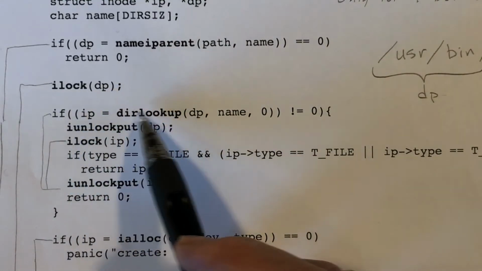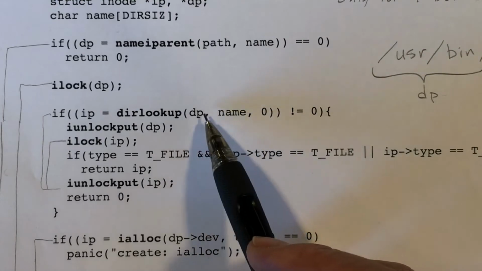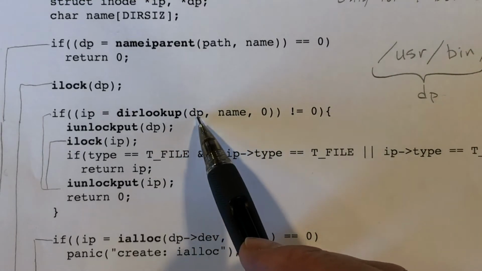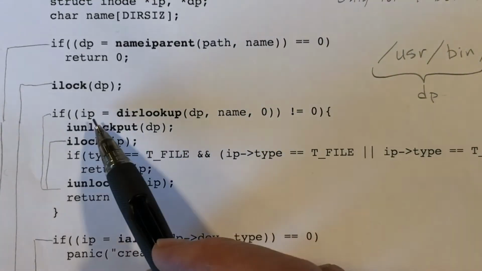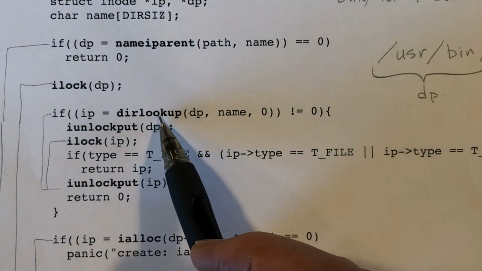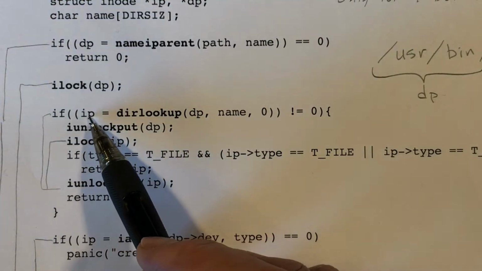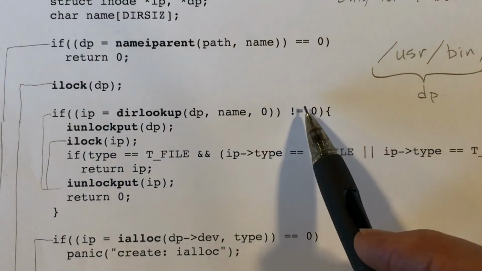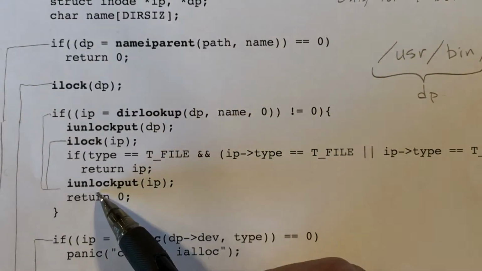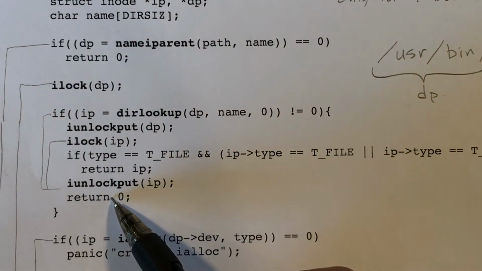The next thing we do is we look up xxx in this directory to see if it's already there. If it's already there, this will return a pointer to the inode for that file, and we'll set ip, and it will be something that's non-zero. So we do this code if the file already exists.